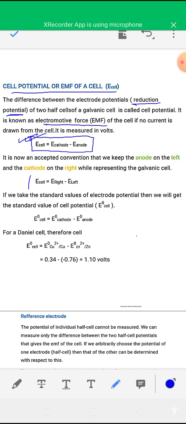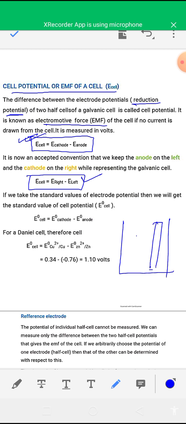You can also calculate the EMF of the cell using this formula: E cell is equal to E right minus E left, because the cathode is always placed on the right side, and on the left side you have to place the anode, in the galvanic cell.